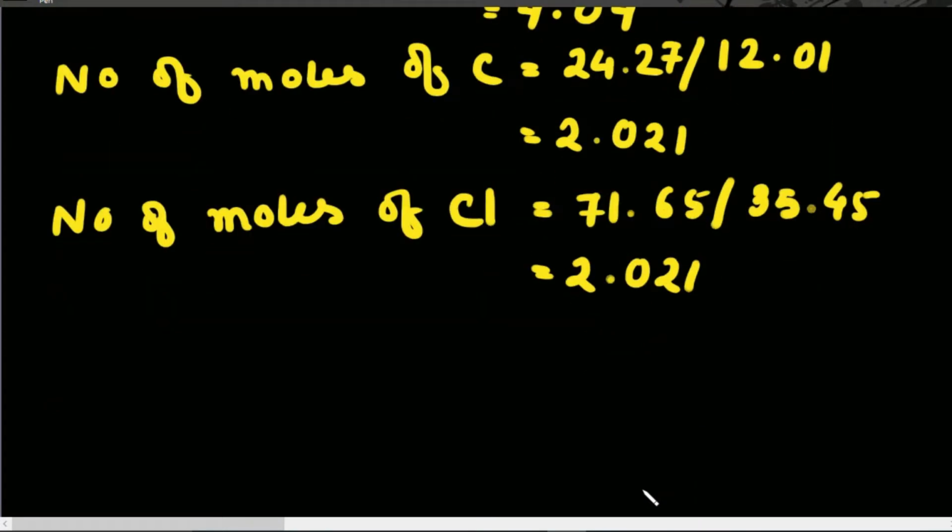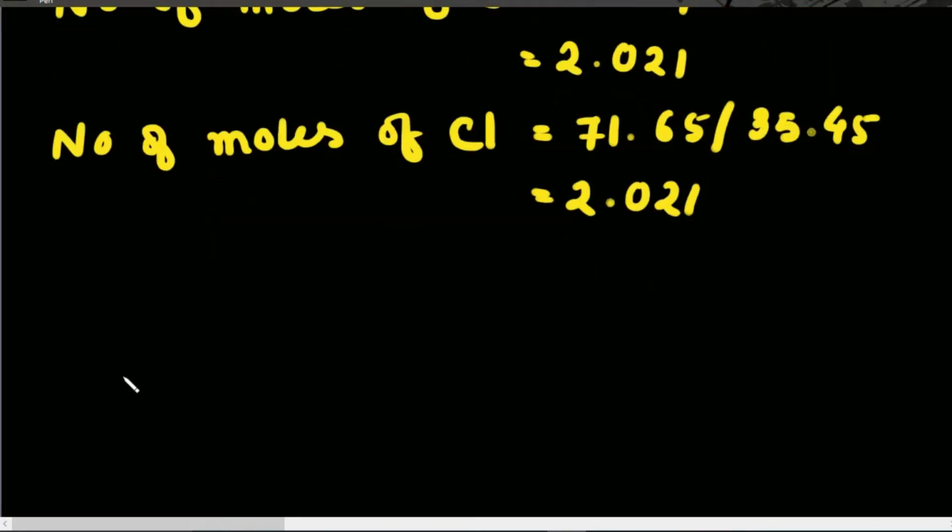Next, we need to divide the mole values obtained above by the smallest value. Out of the three mole values, we find that 2.021 is the smallest value.